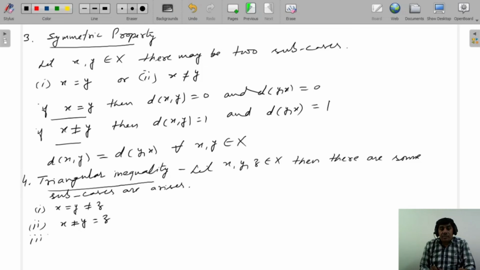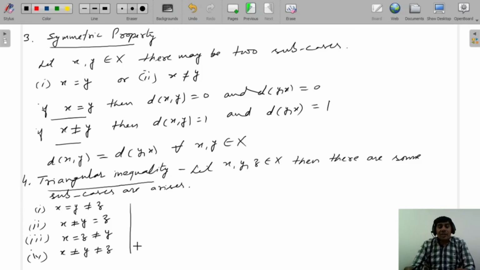Third, x is equal to z does not equal y, and the fourth, x does not equal y does not equal z.